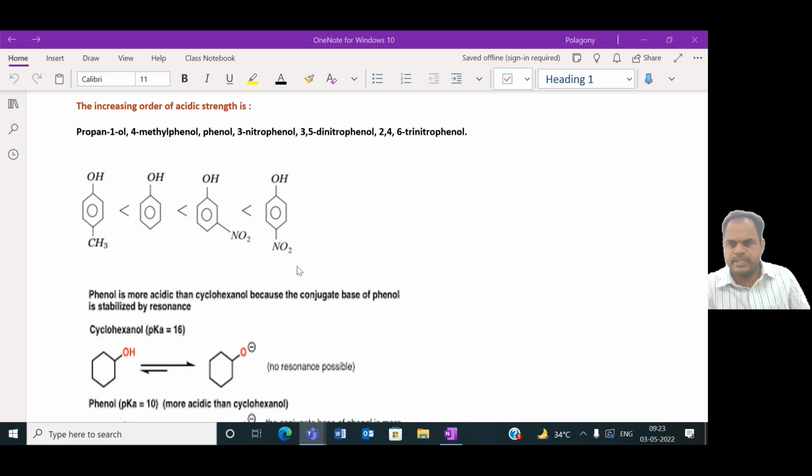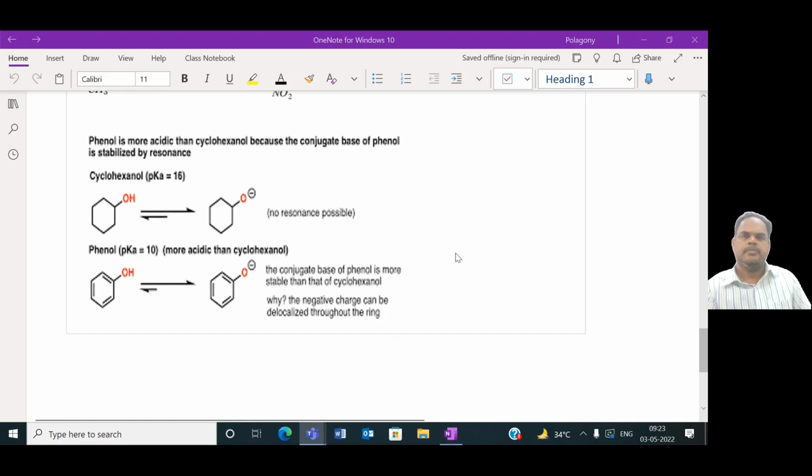If you compare cyclohexanol and phenol, which is more acidic? Absolutely phenol is more acidic, because the hydroxyl group is connected to an sp2 carbon of the benzene ring, while in cyclohexanol the hydroxyl group is connected to an sp3 carbon, where its conjugate base is not stabilized. In case of phenol, the conjugate base is highly stabilized.